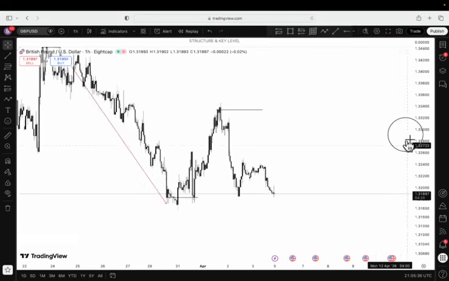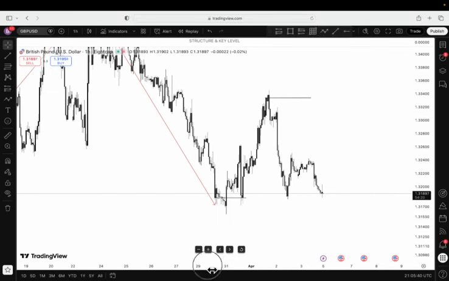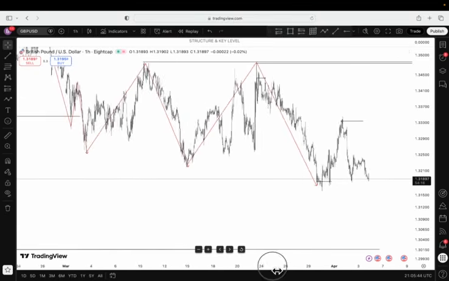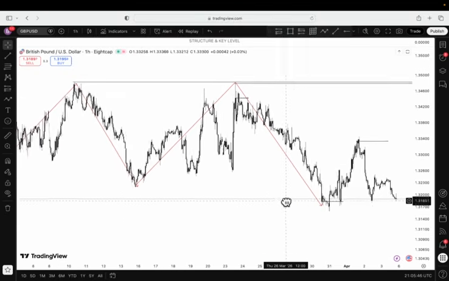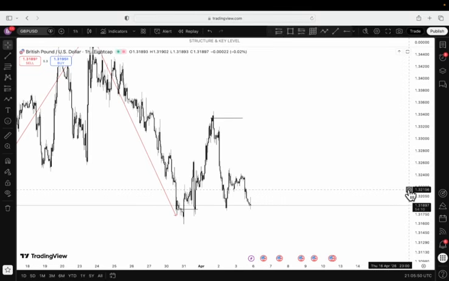So yep, this is on GU. If any other thing comes up, it's just that I cannot monitor a lot of pairs for you guys because it's going to be physically draining to me. That will be a lot of fatigue, because I'm already monitoring BTC, CADJPY, and Gold for all of you, and I update the group about all the setups there.